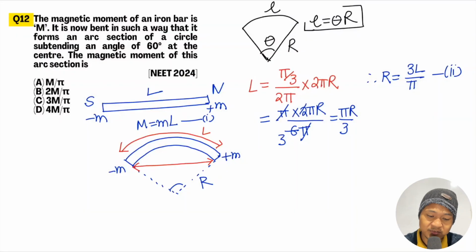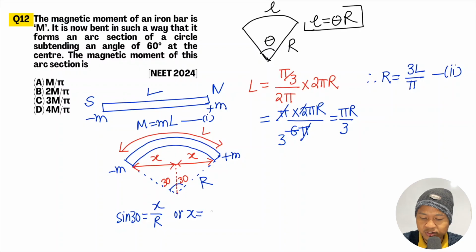Taking the triangle, this is 30 degrees and again this is 30 degrees. The displacement is x plus x. Using trigonometry, sin 30 is x divided by r, so x is r into sin 30, which is 1 by 2 r, so 3L by 2 pi.